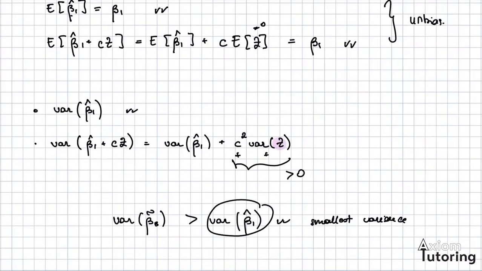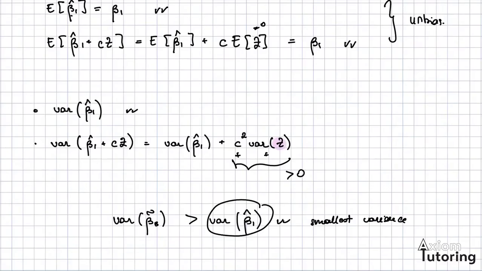Unbiasedness only tells you you're centered on the truth, but efficiency tells you how tightly you cluster around it. Okay? So OLS, in a sense, is not wasting any of that information.